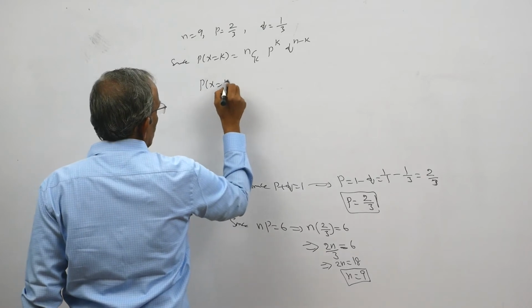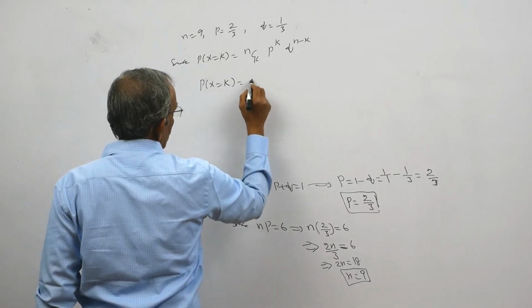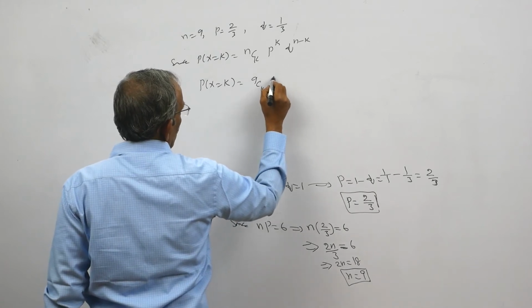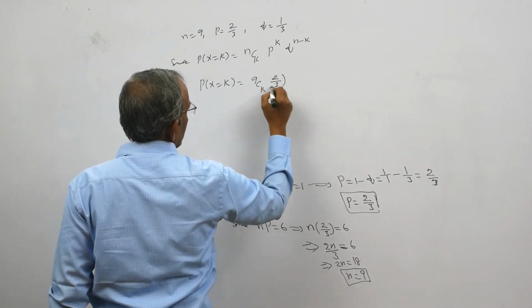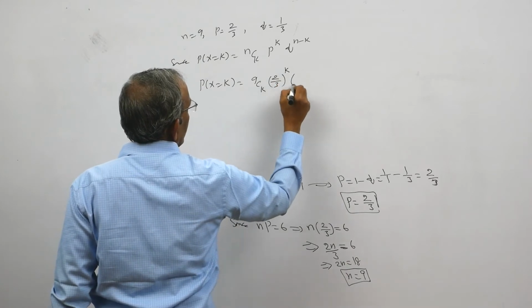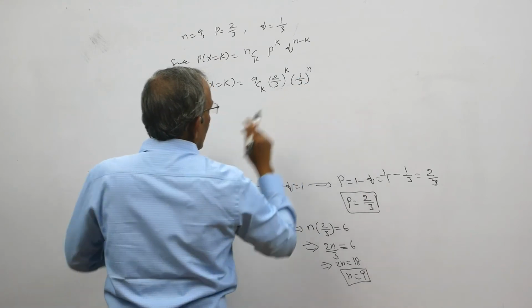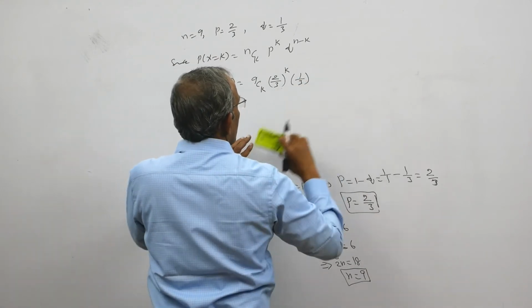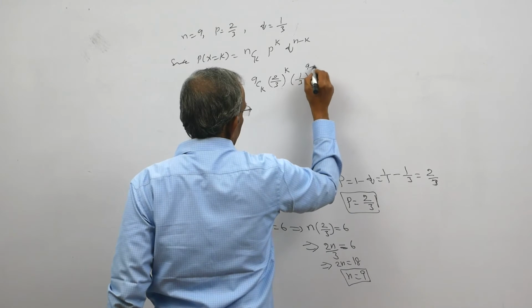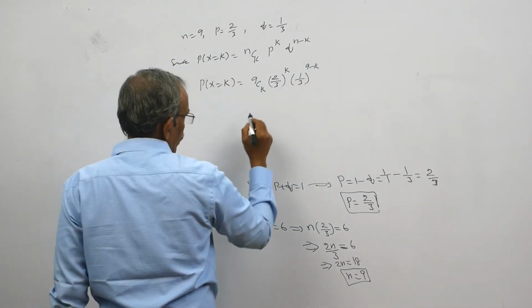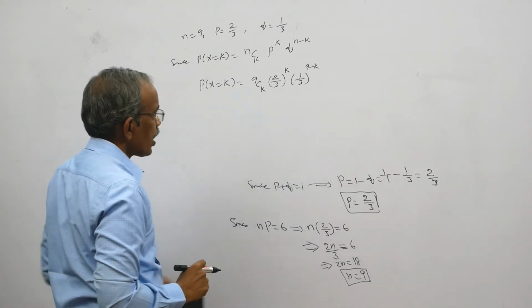Therefore probability of x equal to k is equal to 9Ck, p means 2 by 3 whole to the power of k, q means 1 by 3 whole to the power of 9 minus k. This is the probability of x equal to k.